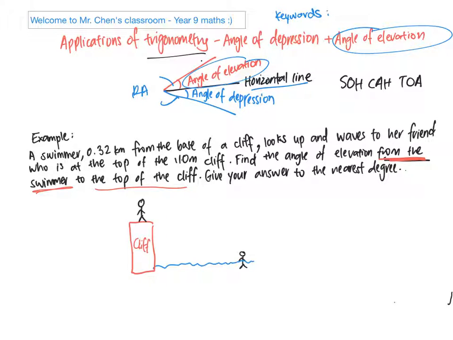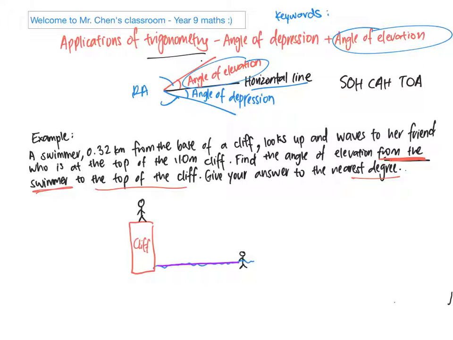Give your answer to the nearest degree. Since it clearly says that the angle of elevation is from the swimmer to the top of the cliff, we know that we have to search for this angle.